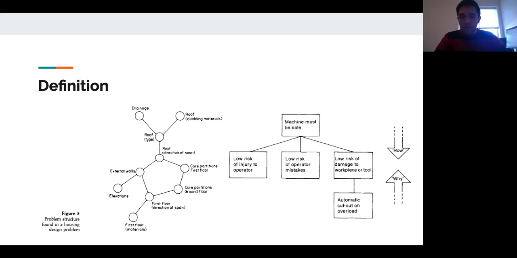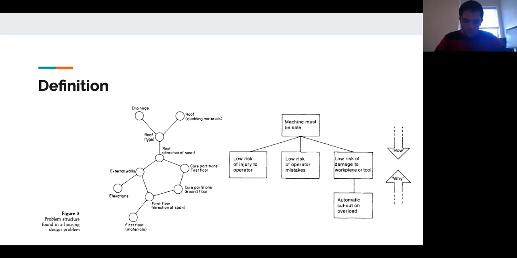So we have a need, which is that the machine must be safe. So how do we make a machine safe? That's a question you ask yourself. Well, it should have a low risk of injury to the operator, a low risk of operator mistakes, a low risk of damage to workpiece or tool. And you can extend these as much as possible. So you're now finding the problems and how they come about from making something safe.